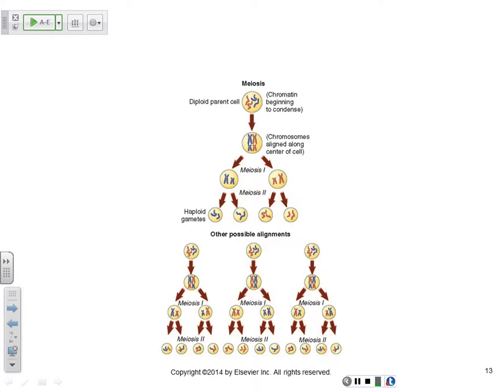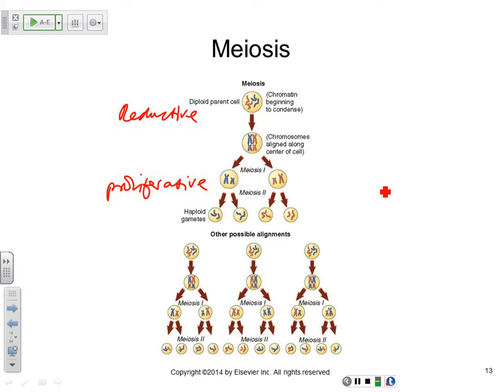Next. Oh, this is the meiosis. And then, of course, you have the first reductive division, and then the proliferative division, right? All right. And this only works for the male gametes, but for the female gamete, only one comes out.